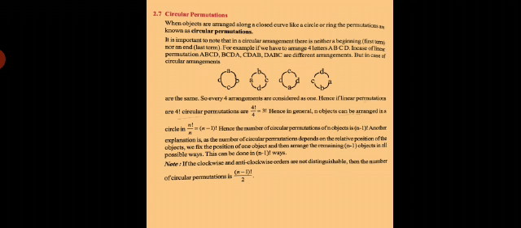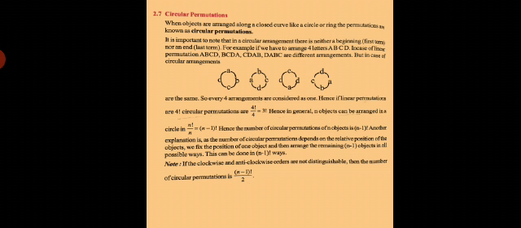Hence, in general, n objects can be arranged in a circle in n factorial upon n, that is equals to n minus 1 factorial. Hence, the number of circular permutations of n objects is n minus 1 factorial.